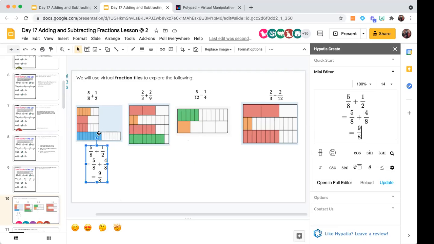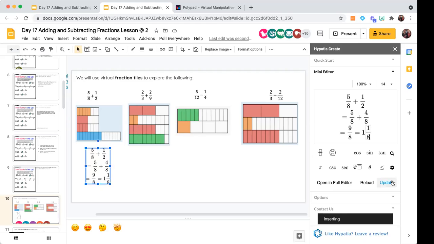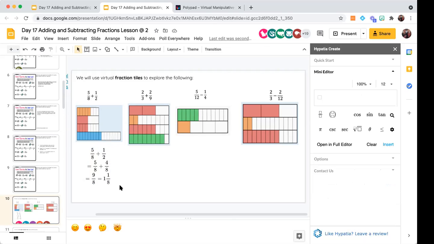We see 1 whole plus 1/8 more. So we could say this is also the same as 1 whole and 1/8 more. And by doing so, notice how I'm going to update my piece, and then it automatically will put the updated answer in there for me, which is another cool feature of Hypatia.